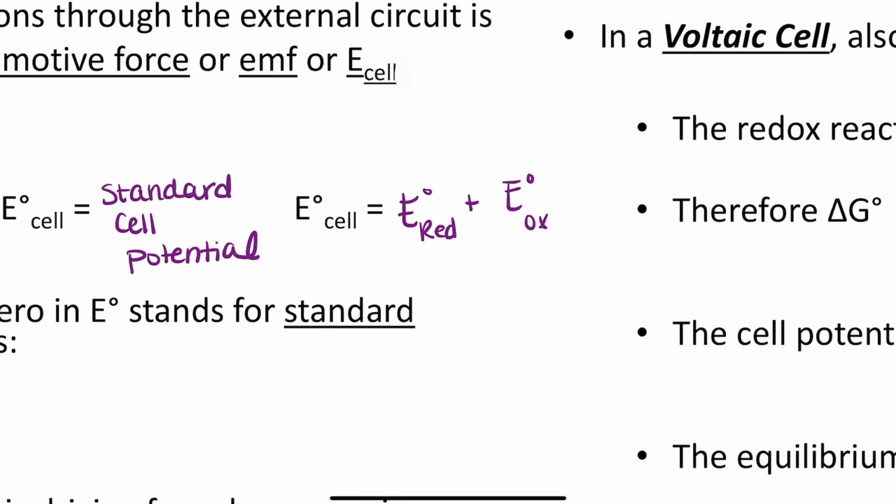You will also sometimes see this written in the form of E-naught of your cell is equal to the E-naught reduction potential of your cathode minus E-naught reduction potential of your anode. So you will often see it written as cathode minus anode, looking at reduction potential specifically.